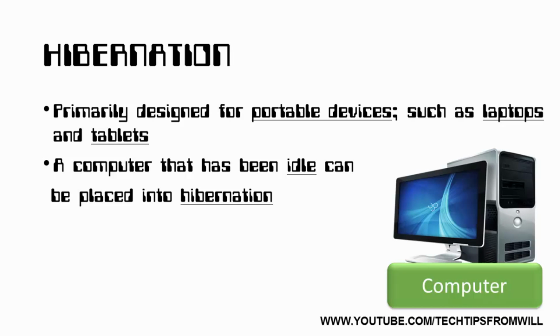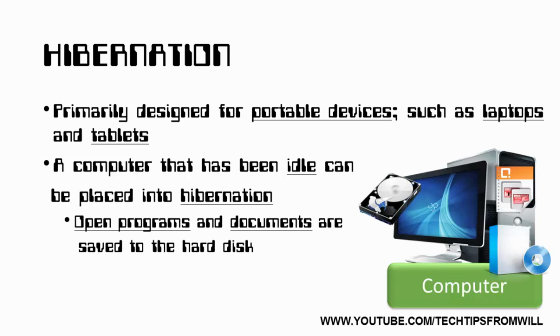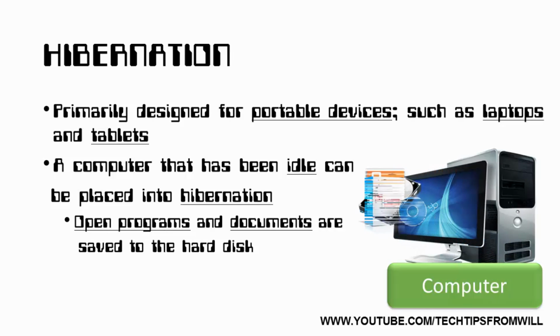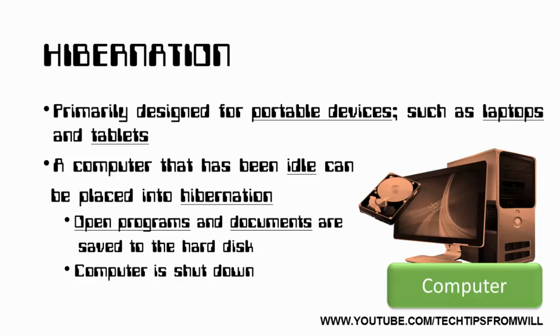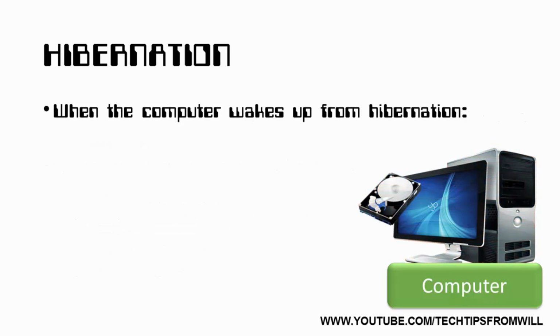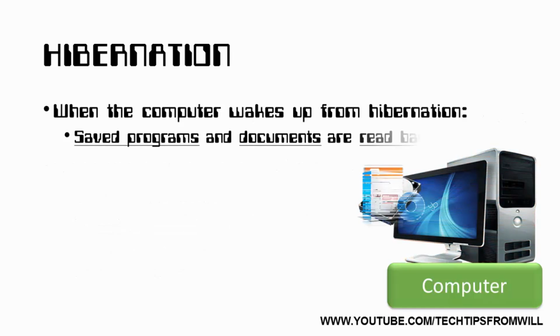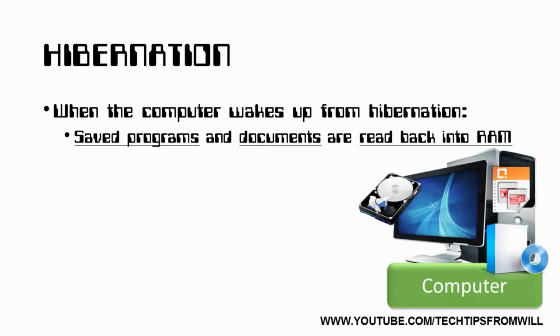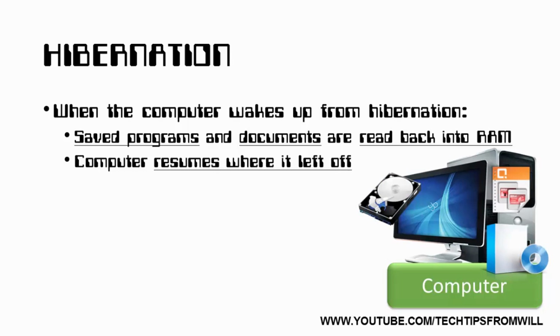Hibernation works by saving any programs and documents that are currently open on the computer to the hard disk. The computer is then shut down. When the computer wakes up from hibernation, the saved programs and documents are read back into RAM, and the computer will resume where it left off.